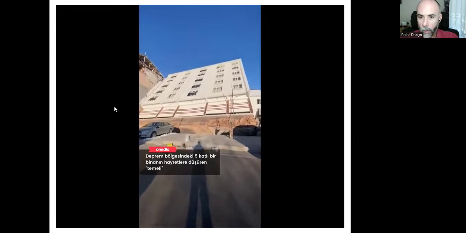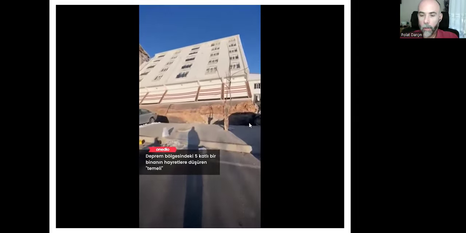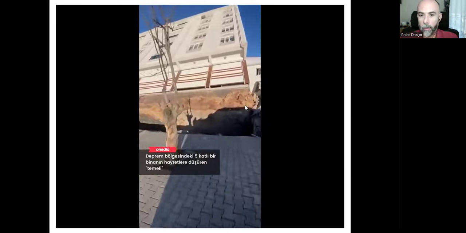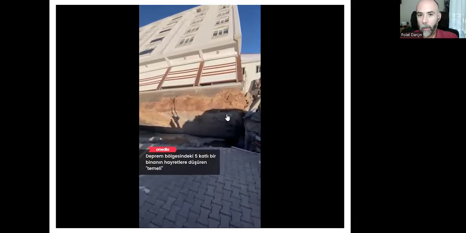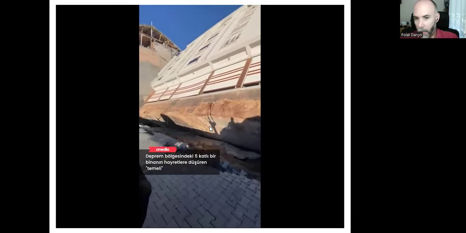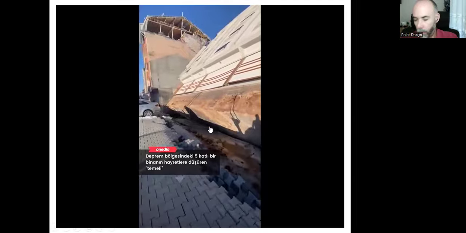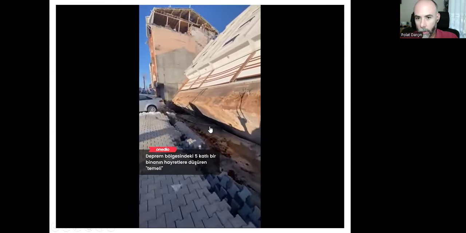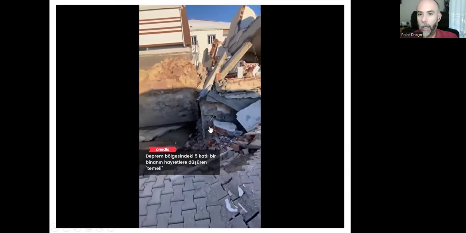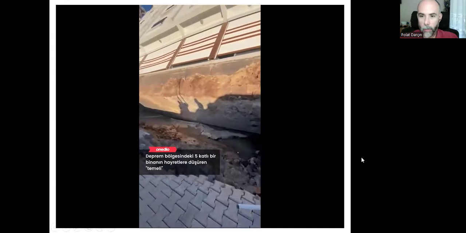There is no problem with the superstructure, but it just fell down because there is not enough length downwards. The building hasn't been anchored as it's supposed to be.